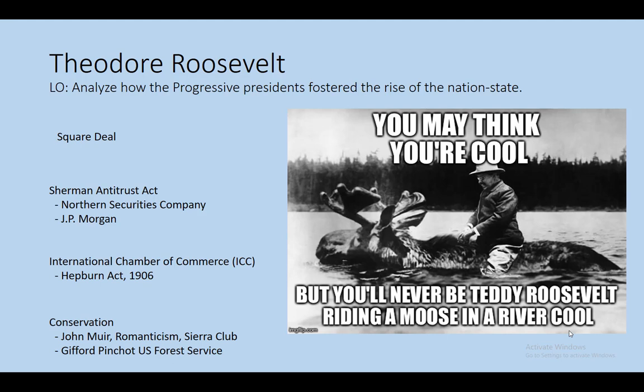Roosevelt will also improve the International Chamber of Commerce, the ICC, as well as regulate the food and drug industry. And these are really radical changes, and he's helped along by all the stuff that's been happening during this time period. He's helped along by that labor unrest, those major strikes that turned violent, right?